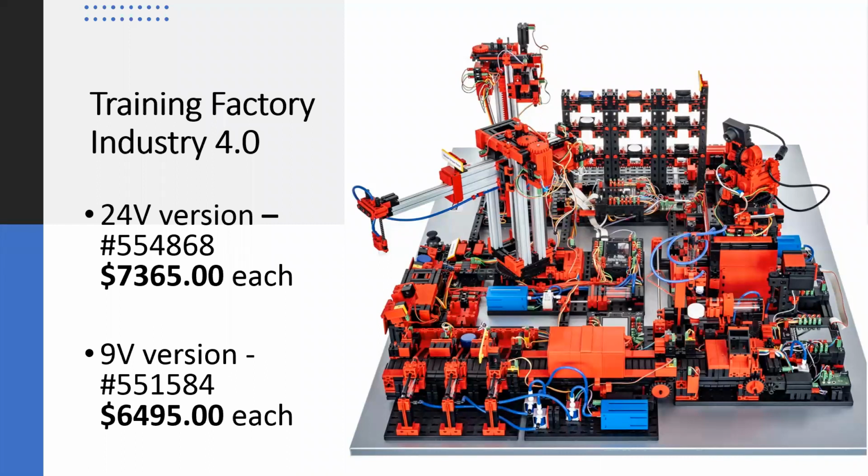And the Training Factory Industry 4.0 for teaching, exploring, and understanding IoT-related functions, the 24-volt version, brand new, just released this month, is $7,365 each. The 9-volt version, $6,495 each.